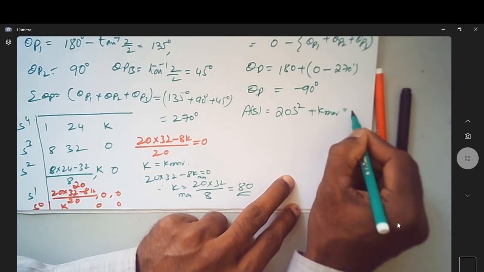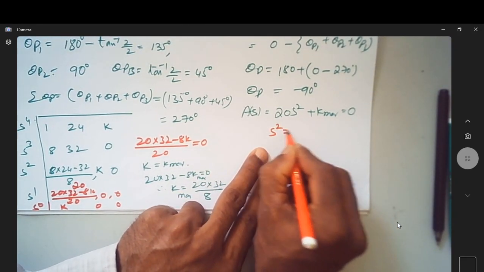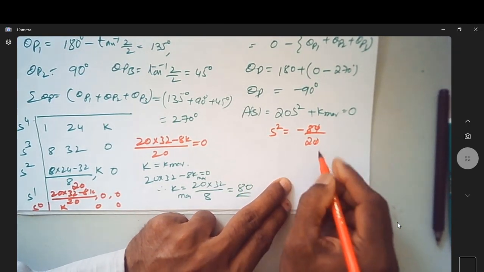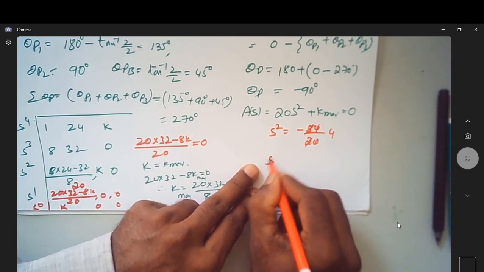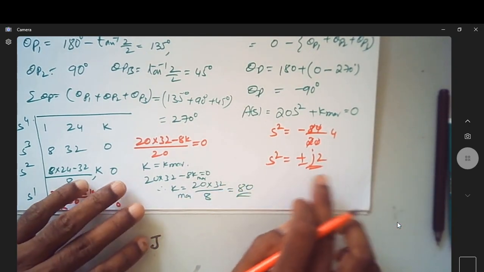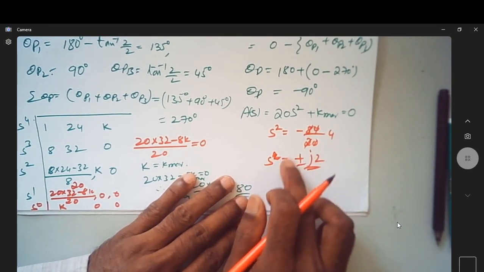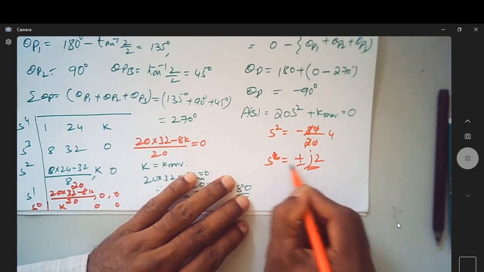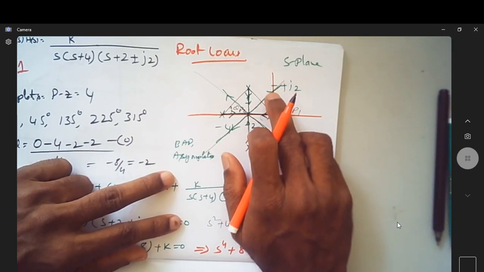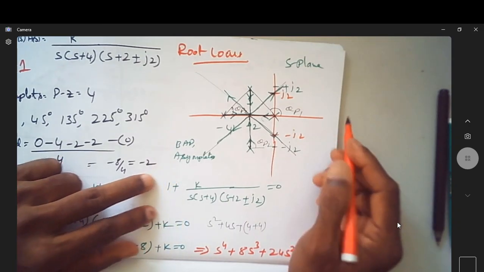From which I can write s square is equal to minus 80 by 20, which is minus 4. So s is equal to plus or minus j2, because the square root of 4 is 2. So the roots are plus or minus j2, meaning it will cross the imaginary axis at j2 and at minus j2.